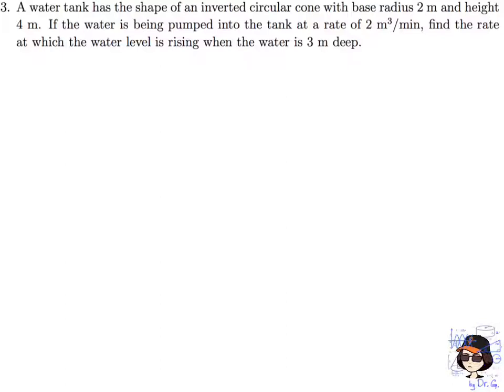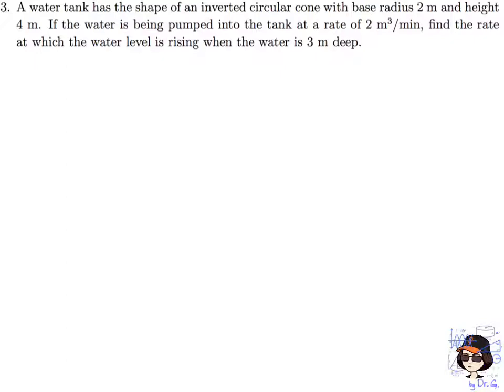The other thing that's changing is the radius of the surface of the water. So the water inside the tank is taking on the shape of a cone, a smaller cone than the tank, and so the top of the surface of the water is circular.